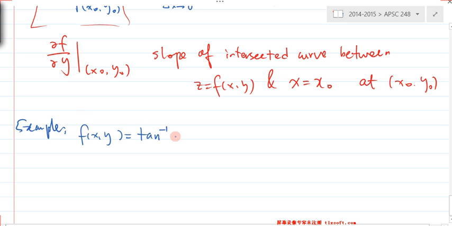This is a previous year's midterm exam. We have f of x, y equal to this, arctan of y over x. And I want you to calculate the second order derivatives of this and the other one like this.